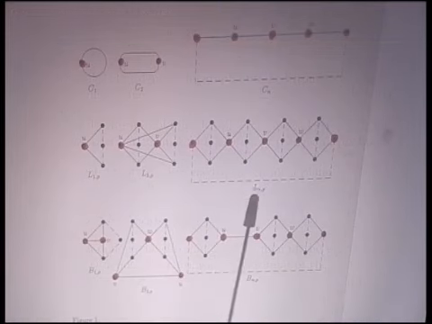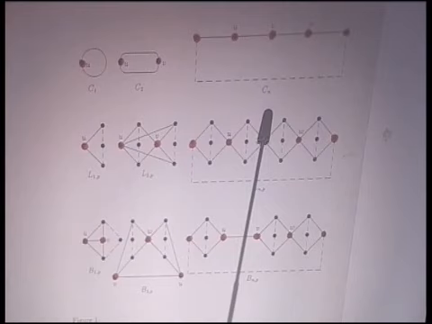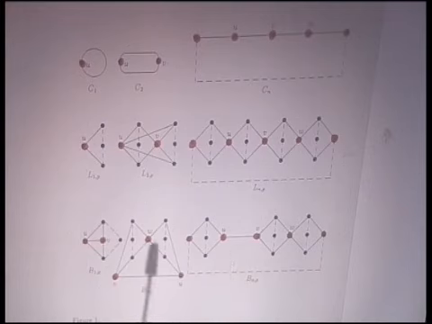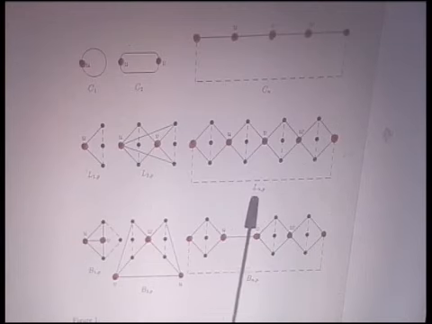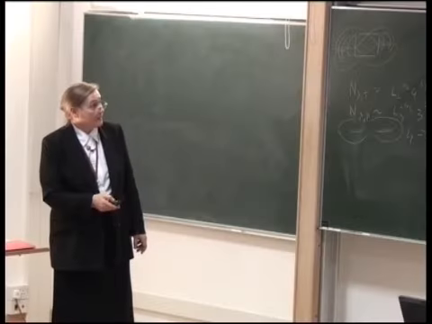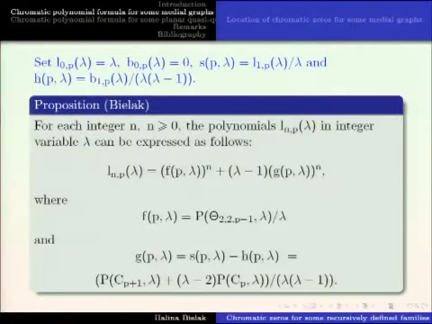We obtain this from C sub n plus 1 by replacing all edges except one in a similar way as in the previous case. Then we have the possibility to obtain the following formula for the chromatic polynomial of the first graph. We are interested in this chromatic polynomial.